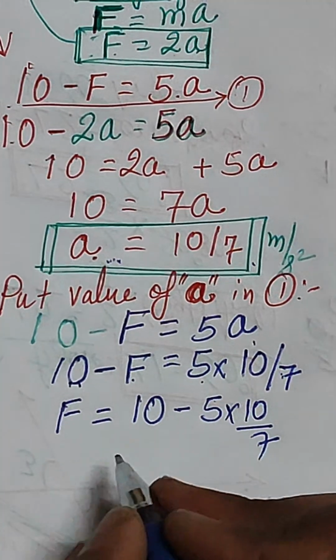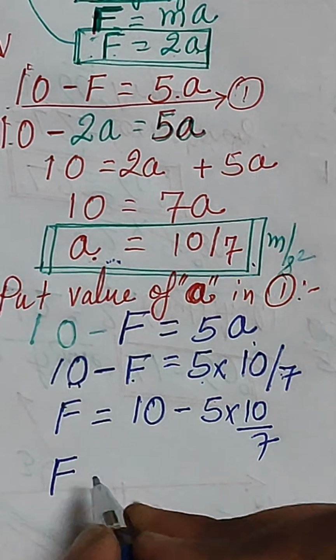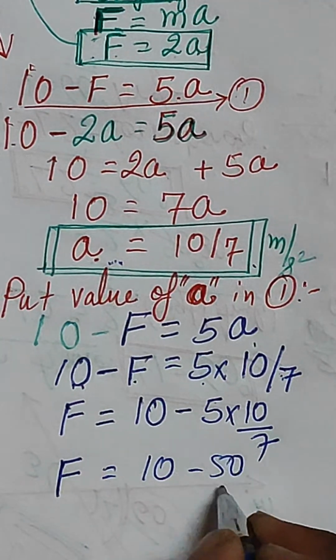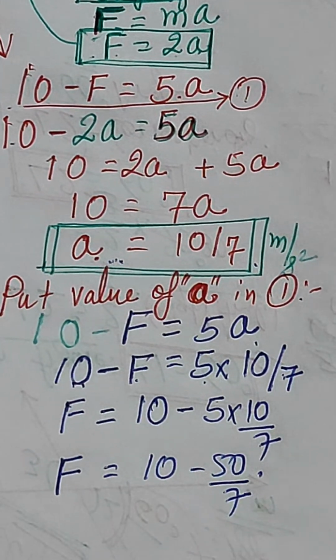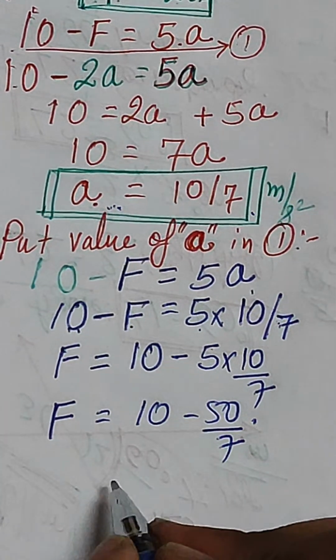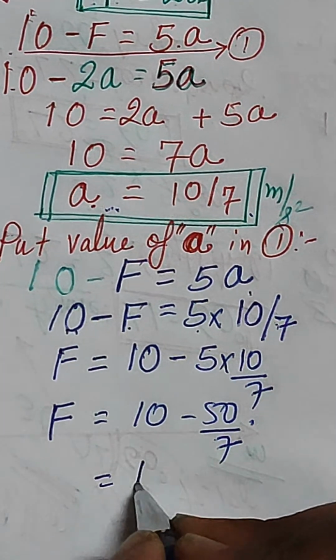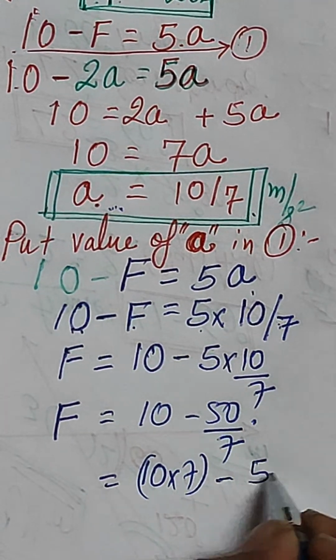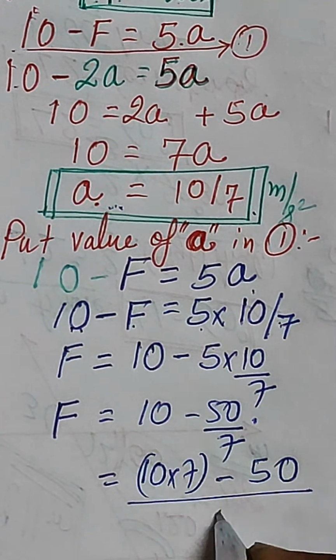So this will give you the value of contact force as 10 minus 50 by 7, right? And when you take the LCM and multiply, this will be 10 into 7 minus 50 by 7.